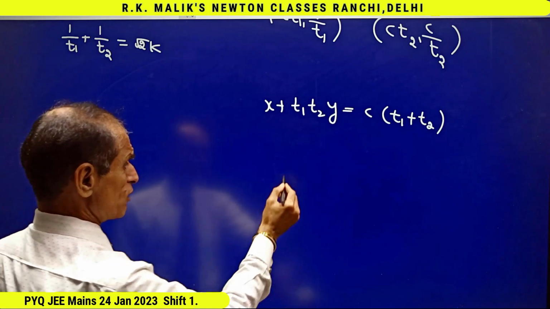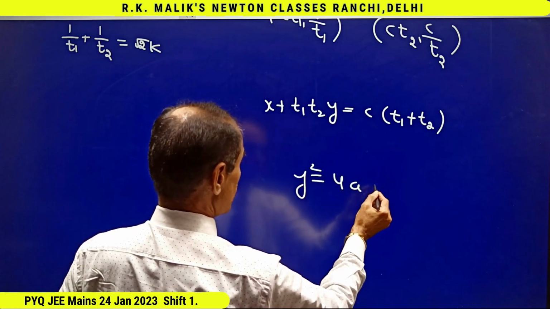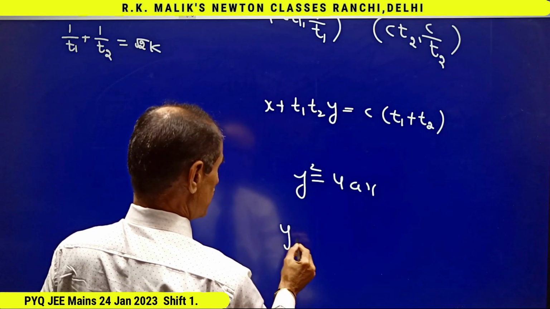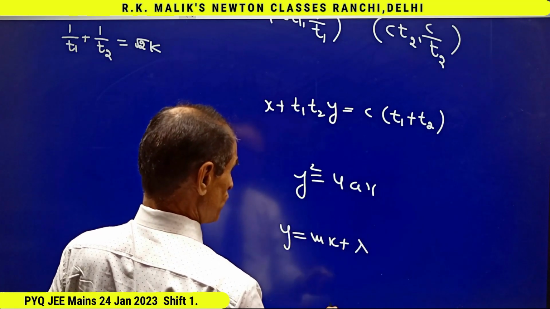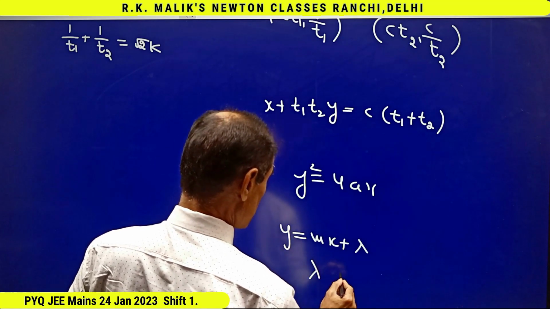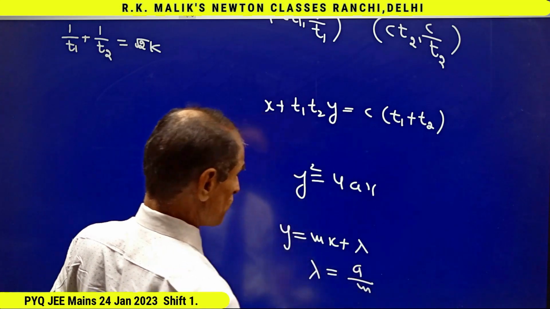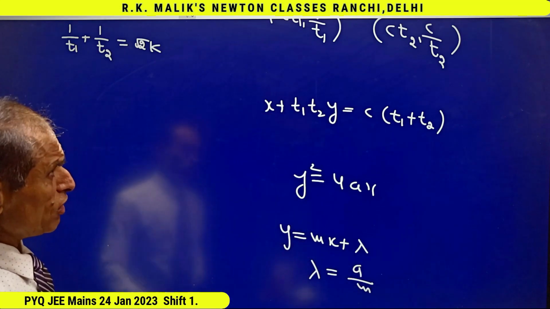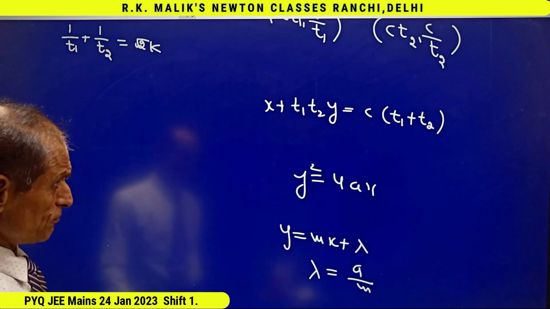And we know this standard formula also, that for the parabola y square equal to 4ax, the line y equal to mx plus lambda will touch this parabola if lambda is equal to a by m. Keeping all these concepts in mind, I will be proceeding further.